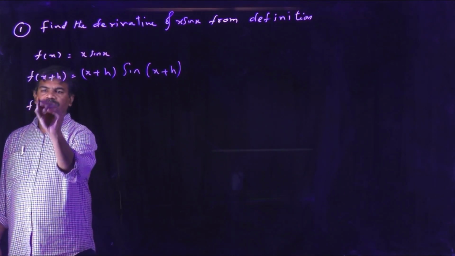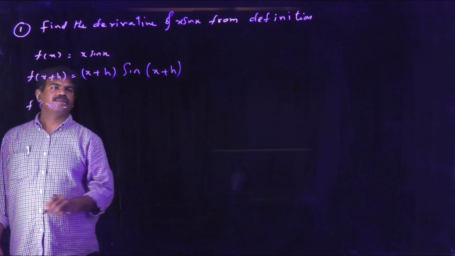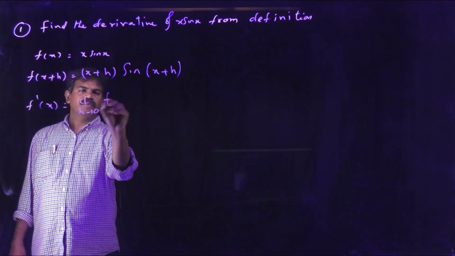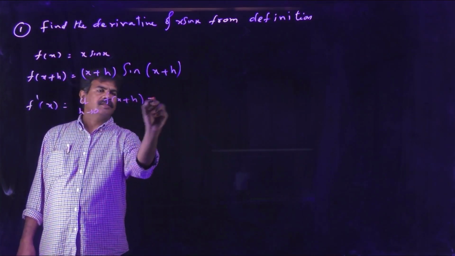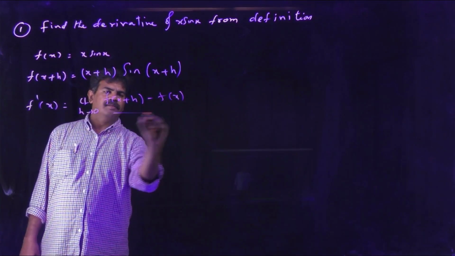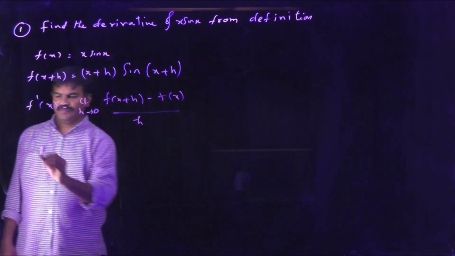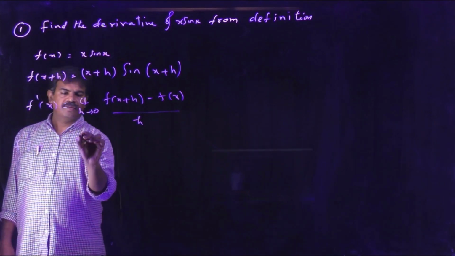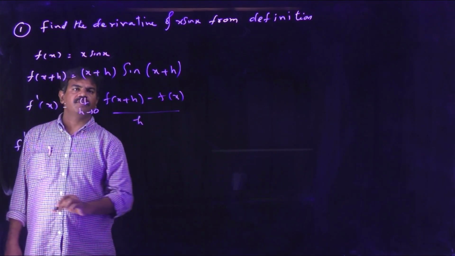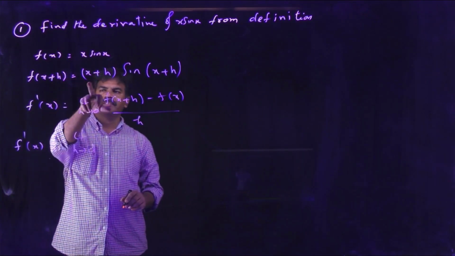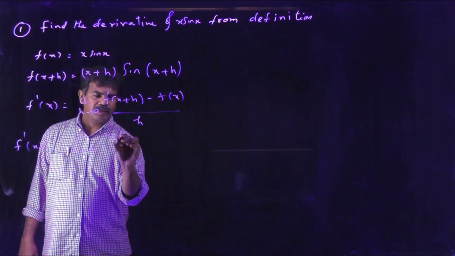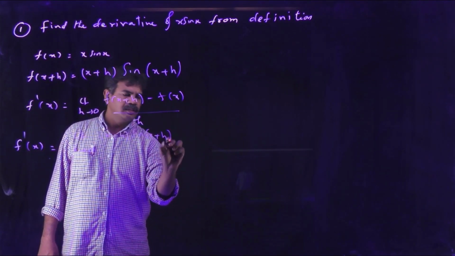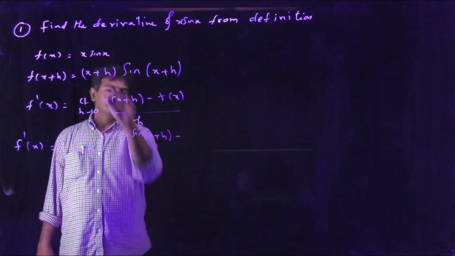Already we know that f dash x is equal to limit h tends to 0 f of x plus h minus f of x by h. So f dash x is equal to limit h tends to 0. Already we know that f of x plus h is x plus h into sin of x plus h minus f of x, which is x sin x.